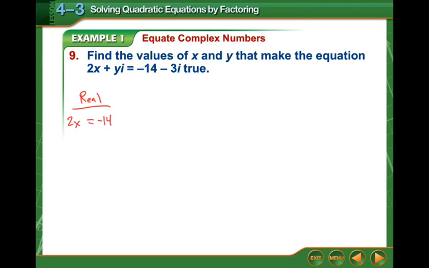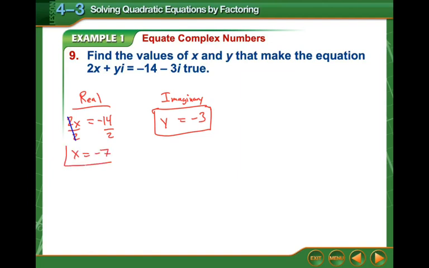And the imaginary part is going to be y equal to negative 3. And that's it for that one. That one's easy. The other one, all we got to do is divide by 2. And we got x equal to negative 7. And there we go.